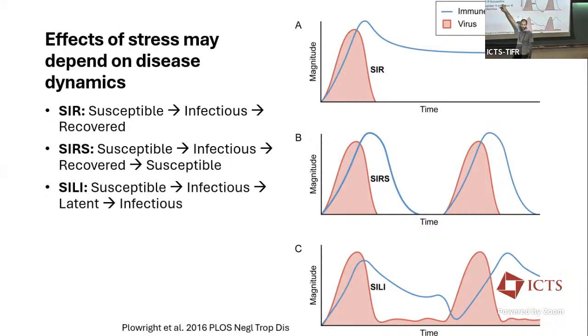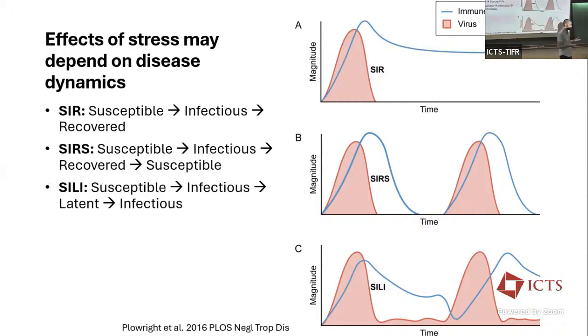Pretty much all of us have been infected at some point, or have received a vaccine, and you recover. And so you're resistant to reinfection at that point. But that immune response may wane, and you may become susceptible again. And so the cycle can repeat, right? So you could get infected multiple times in your life.